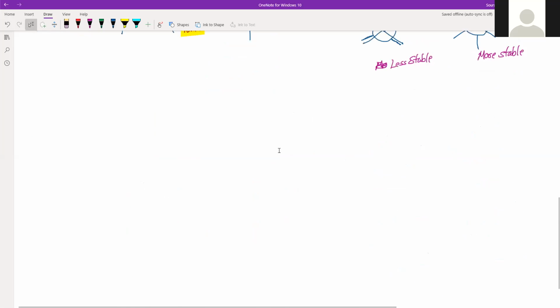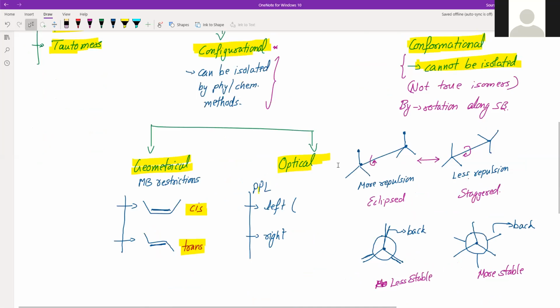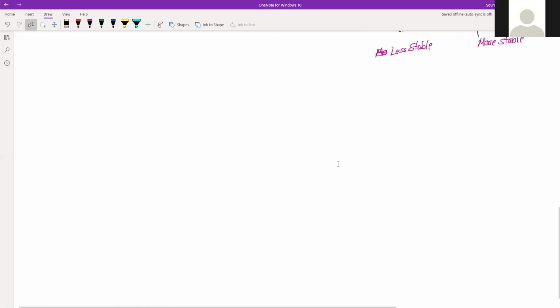The first one in the structural isomers is actually chain isomers. So let's see what chain isomers are first. These are the structural isomers which differ in their main chain or side chain.